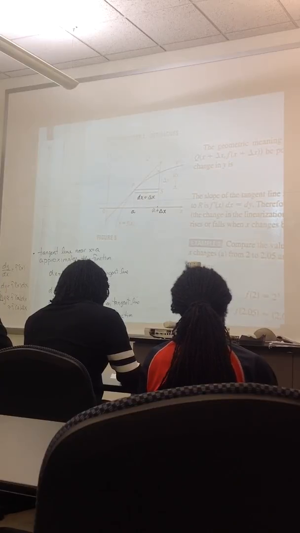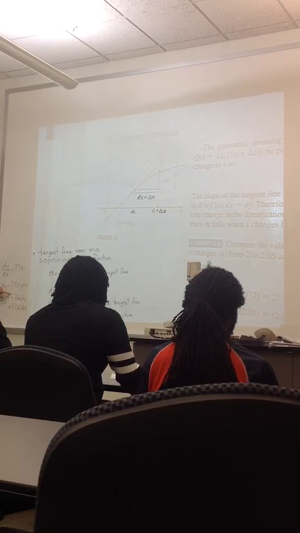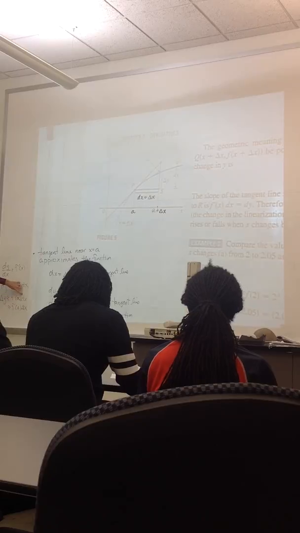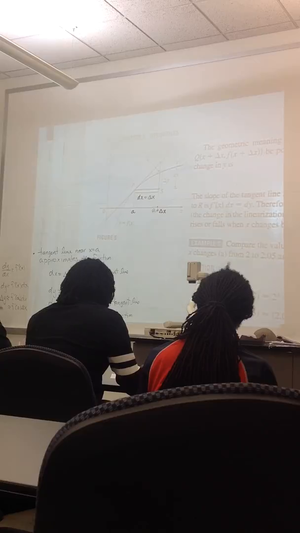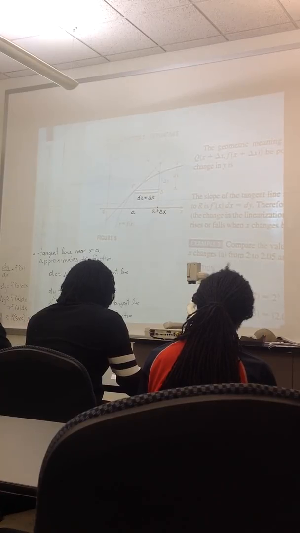So you could approximate the change in your profit by taking the derivative of your profit function, plugging in the 5,000, and then multiplying by what? What is my delta x in this case? 0.1? 100? It's 100, right. I changed x by 100. So in my example, I would have my profit function derivative evaluated at 5,000 times 100, and that would be approximating the change in the profit.